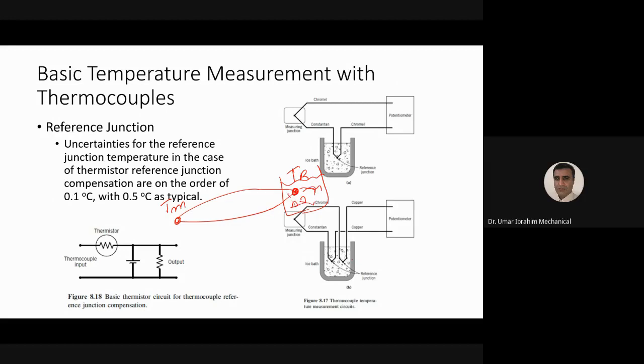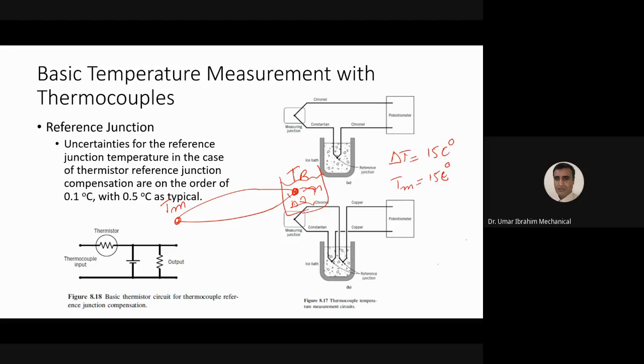The ice bath will maintain the temperature at 0 degrees C. So when I get a delta T value of 15 degrees C, and since I know that my reference junction is at 0 degrees C, then that means that Tm is equal to 15 degrees C or minus 15 degrees C. We'll look at that shortly.